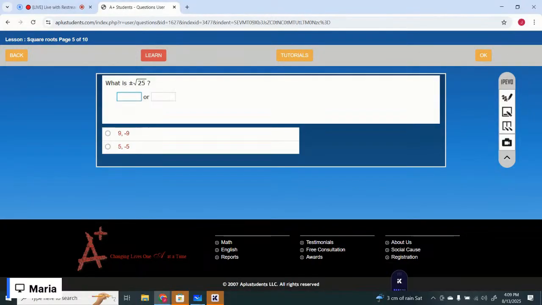That would be positive and negative 5, right? Because 5 times 5 is 25. Option number 2 is the correct option.